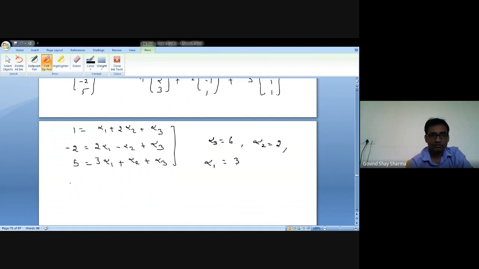So the linear combination we can write is 3v1 plus 2v2 minus 8 v3. This is our linear combination.